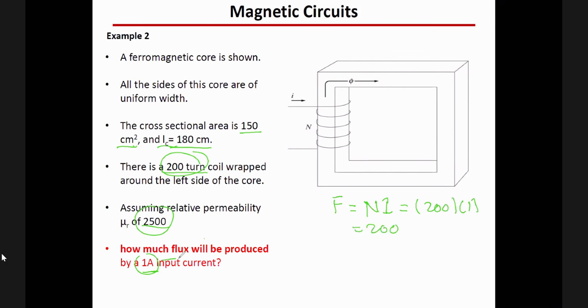We need to find the flux. We know that the flux is equal, again, to F over R, so we need to find R again.